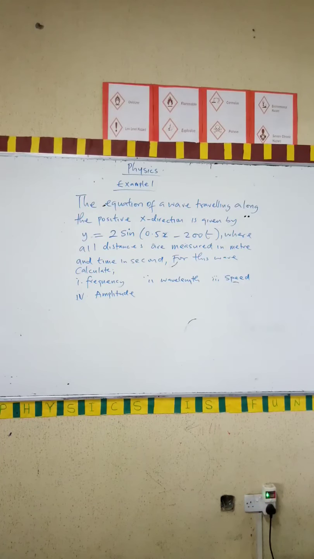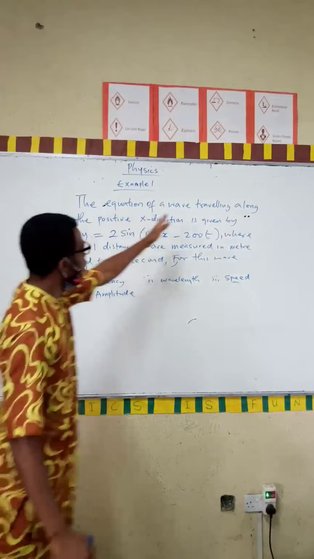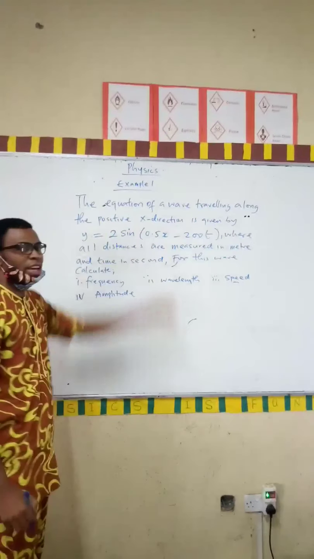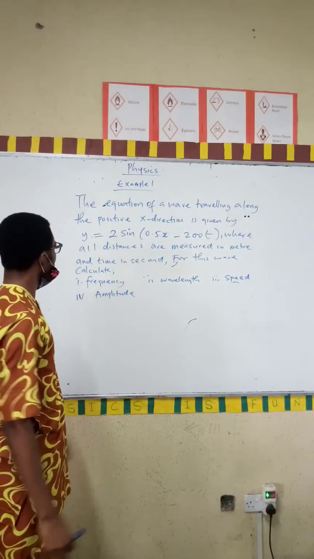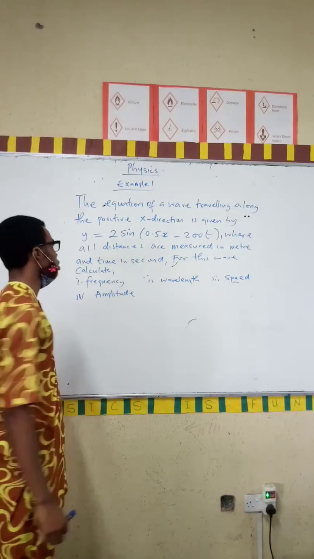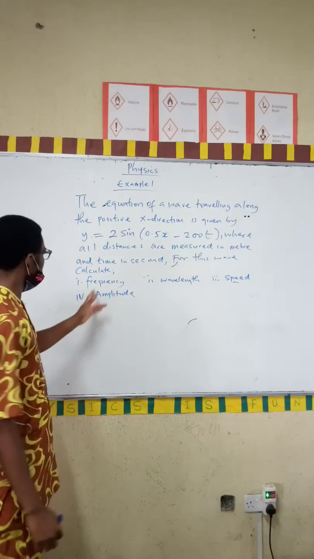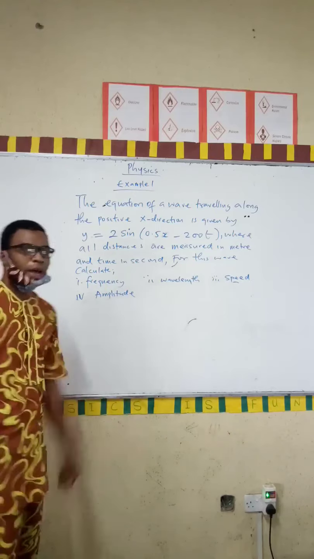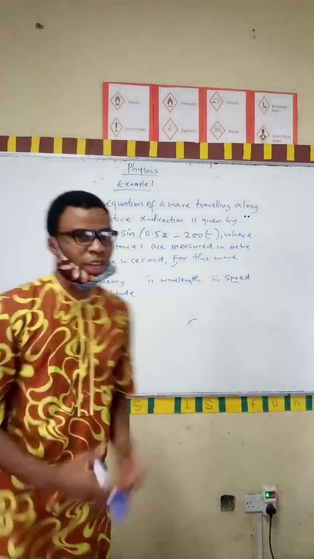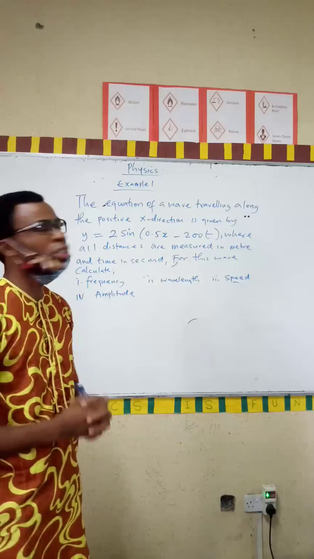Okay, let's take this worked example 1. The equation of a wave traveling along the positive x direction is given by this, where all distances are measured in meters and time in seconds. Calculate the frequency, wavelength, speed, and amplitude. To do this is very simple. What you need to do is compare the equation you have with the standard wave equation.